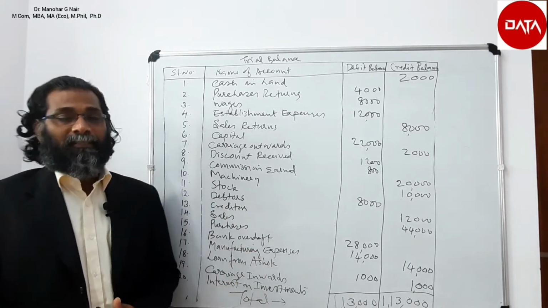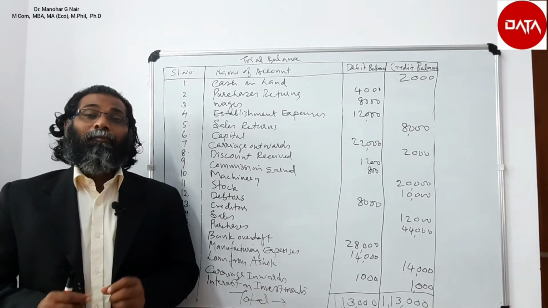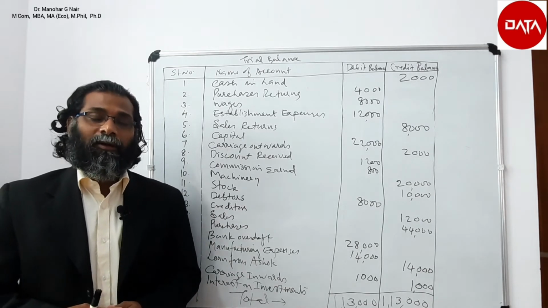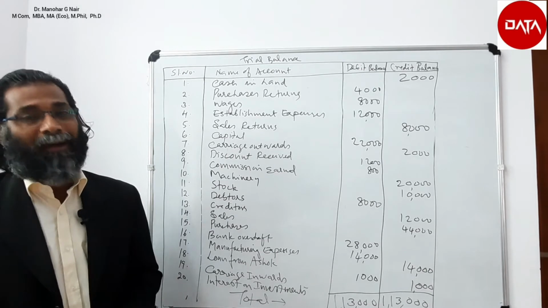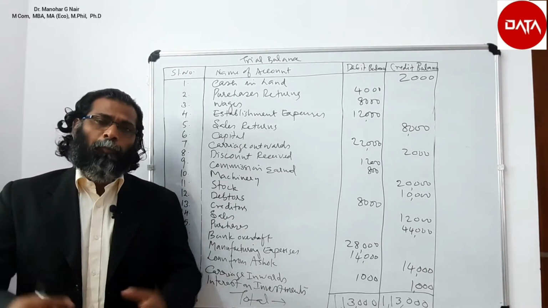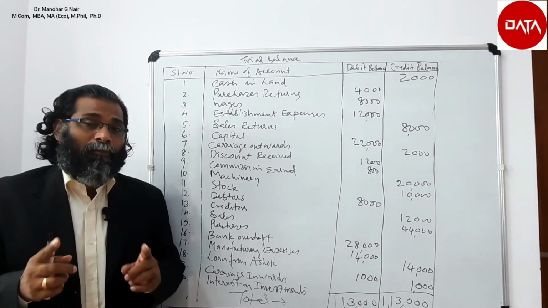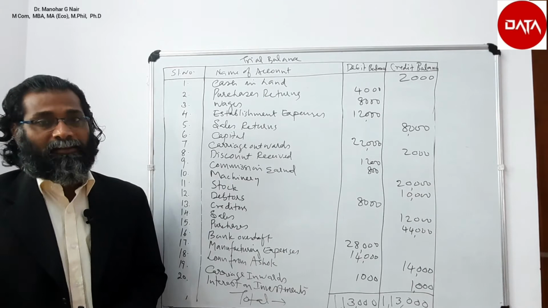And another one is the balance method, under which the balance brought down standing in the respective ledger accounts will be taken into the trial balance. Such a method is said to be the balance method. The popular method is the balance method, where for each account only one item will come in the trial balance.